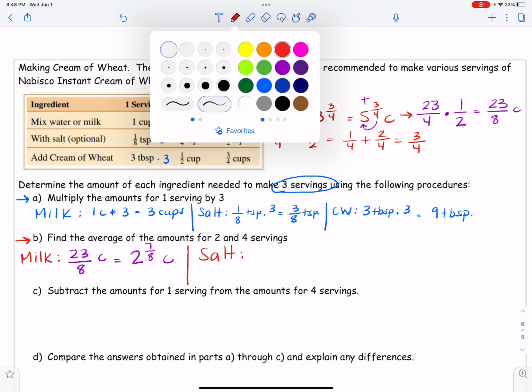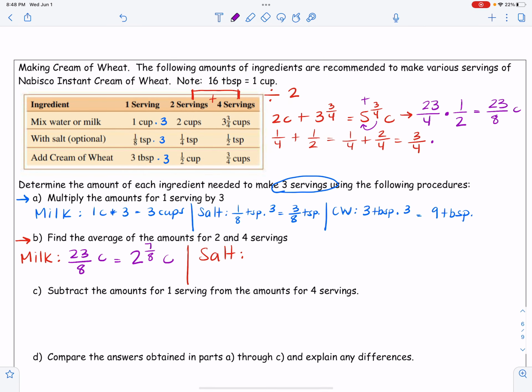But if I'm averaging, I have to divide that by 2, and I do that by multiplying by 1/2, which gets me to 3/8. So notice the amount of salt that I get by averaging, 3/8 of a teaspoon, is exactly the same as what I got in part A when I multiplied 1 serving by 3.